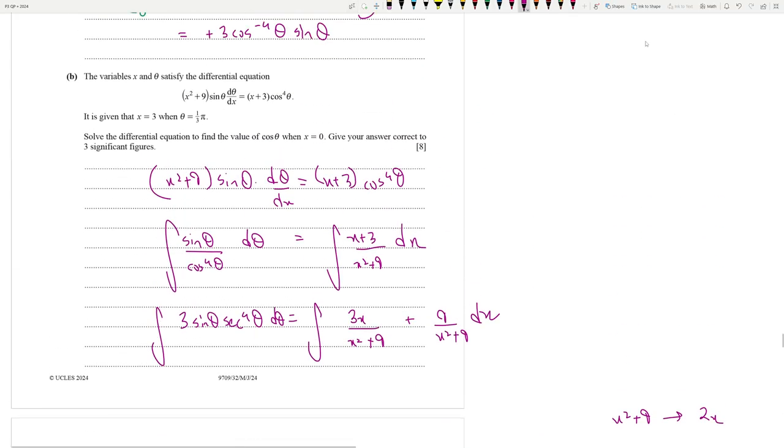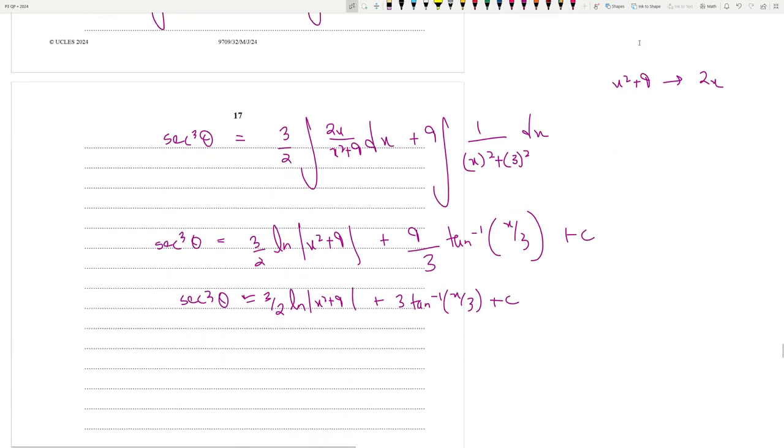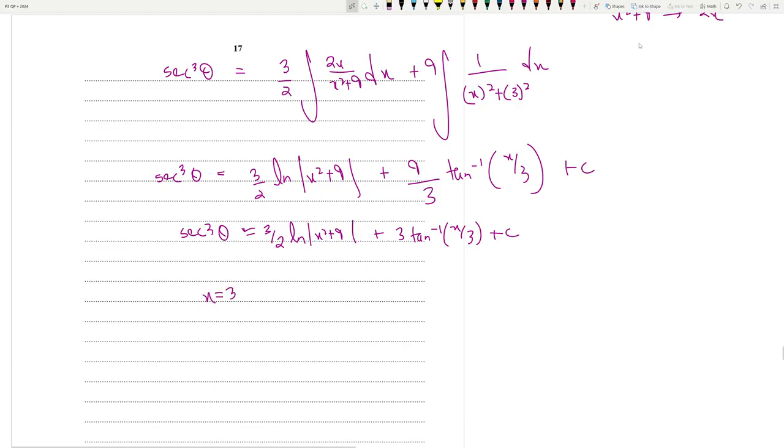Now we have some info given that when x is equal to 3, theta is pi by 3. Let's go. So this is 1 divided by cos cube pi by 3 is equal to 3 by 2 ln of 9 plus 9, which is 18, plus 3 tan inverse 3 by 3.